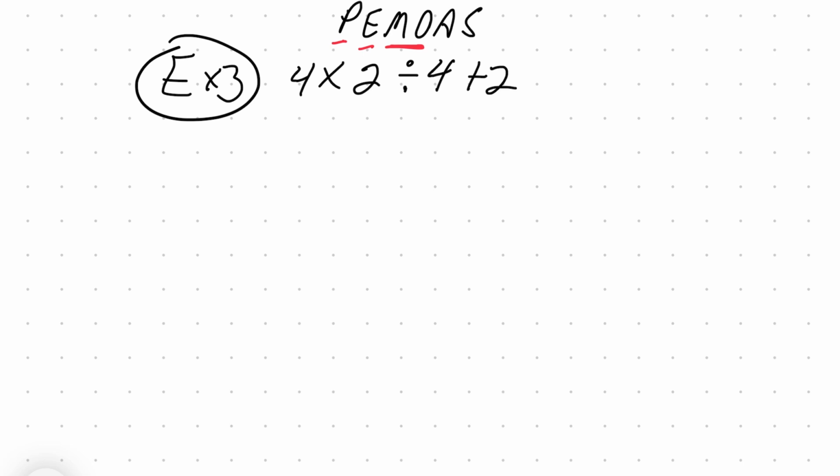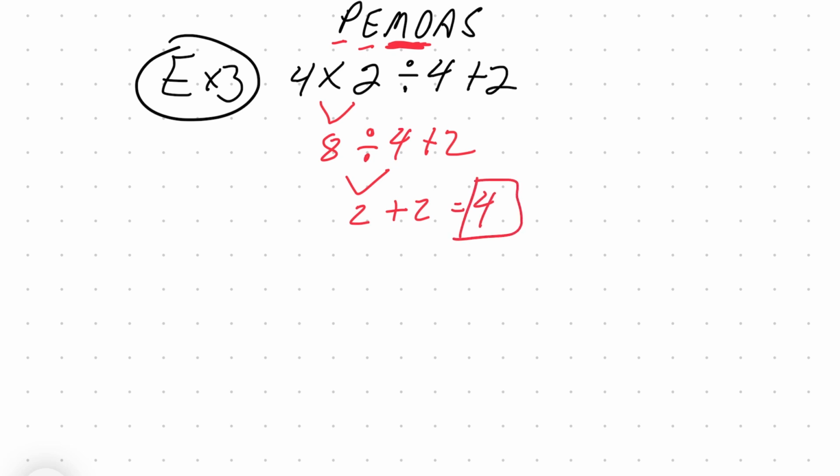Here we have multiplication first, so we multiply that, which is 8. Bring down, divided by 4, plus 2. We're not done with this step yet. We're still in that step. So the next step is to divide. 8 divided by 4 is 2, plus 2 is 4. So that's the answer. Again, this is one step, same priority, but whichever comes first from left to right.